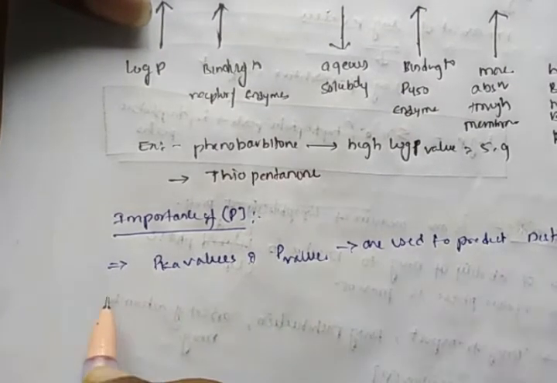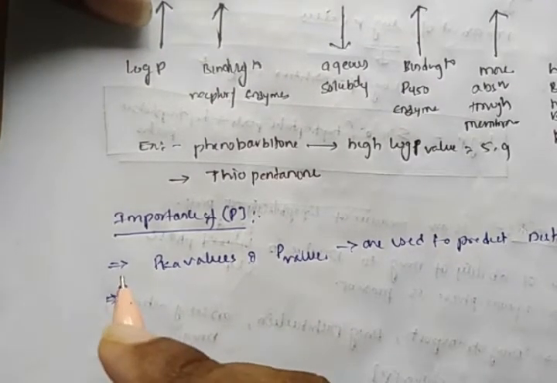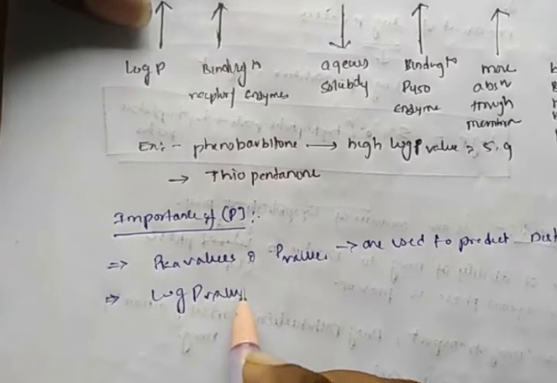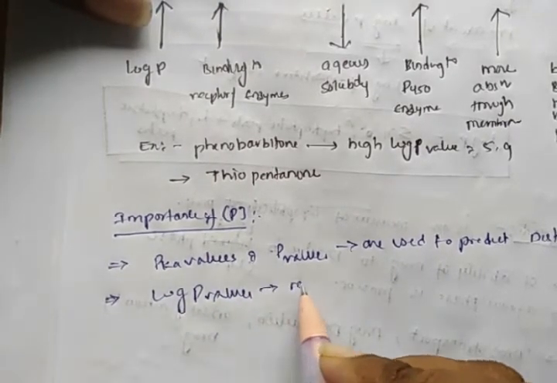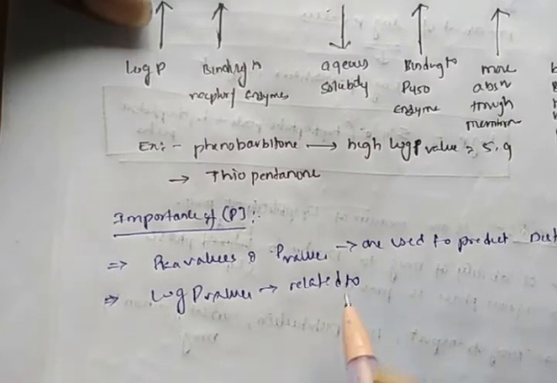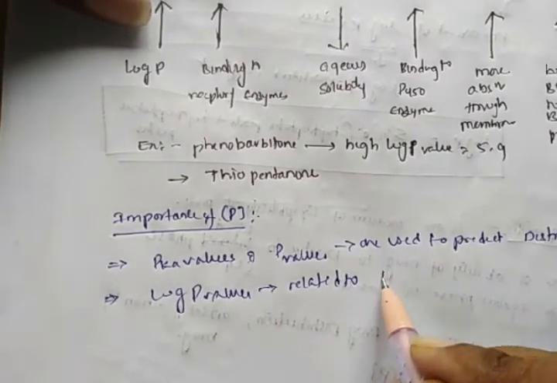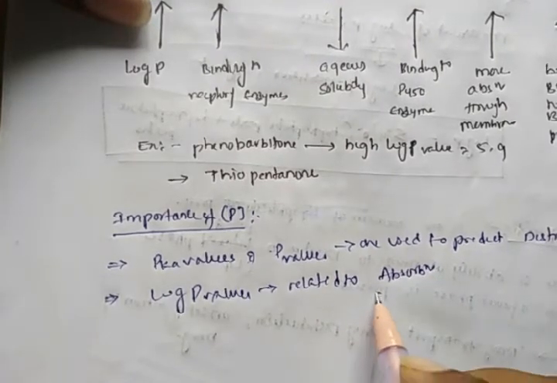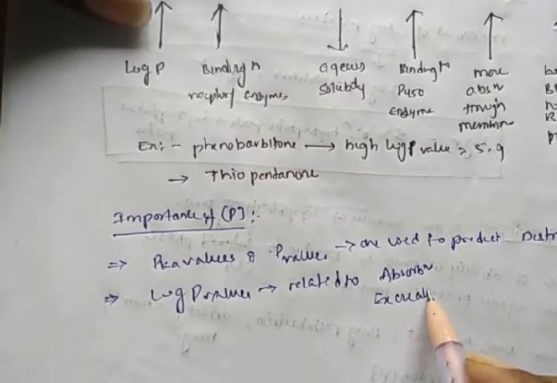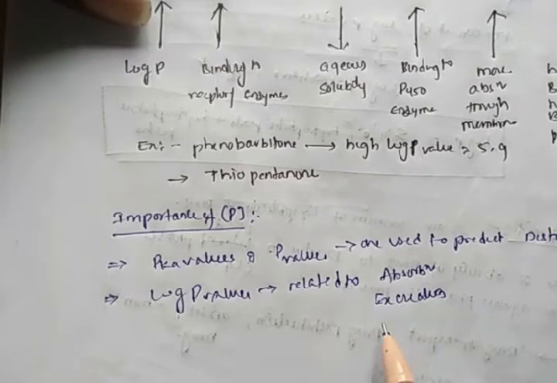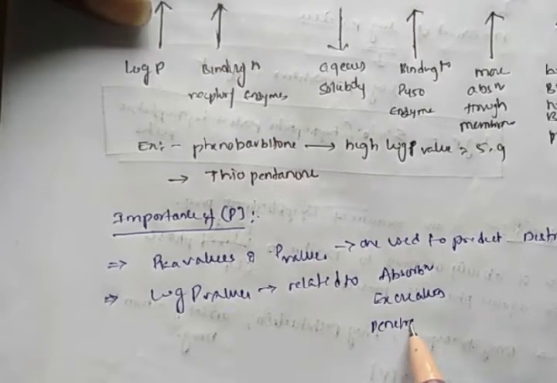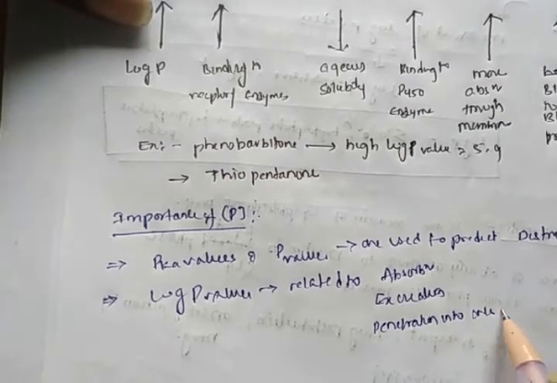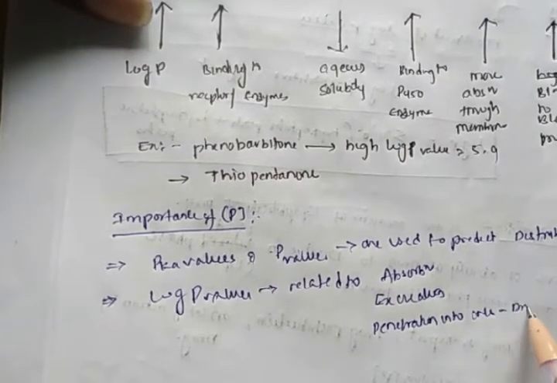Okay. So the next application is that log P values are related to absorption, excretion, and penetration into the CNS.